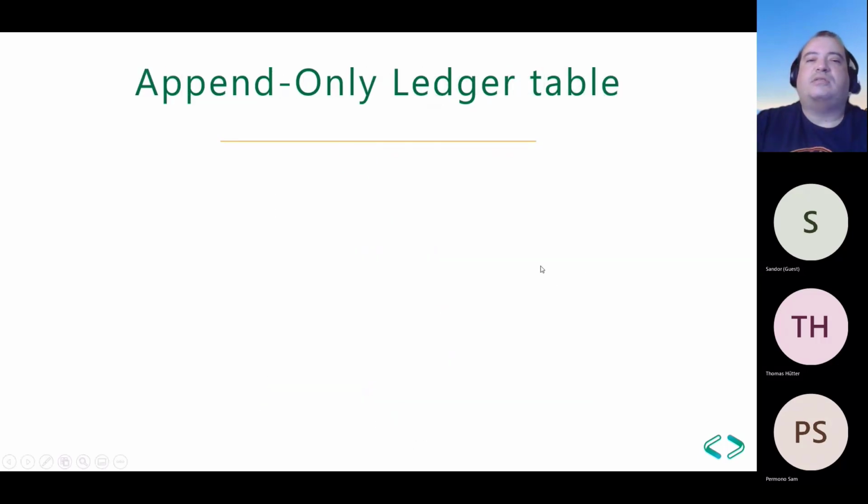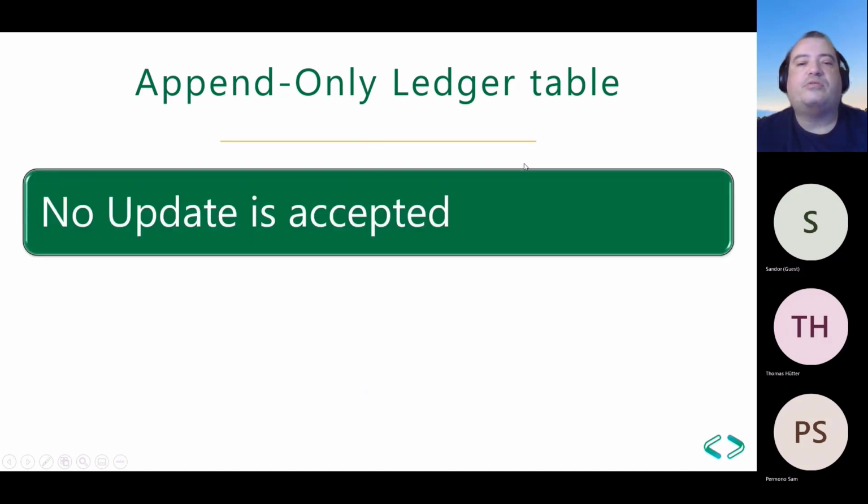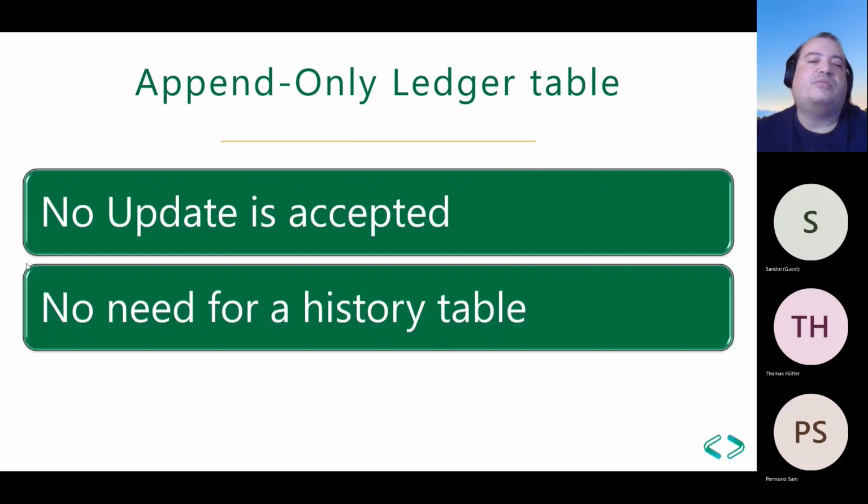The other type of ledger table is the append-only ledger table. The append-only ledger table only accepts new records. An append-only ledger table doesn't accept updates, only new records. So no update is accepted on this kind of table. If no update is accepted, there is no need for a history table. Why keep a history table?